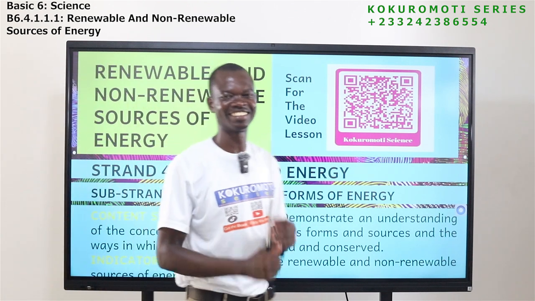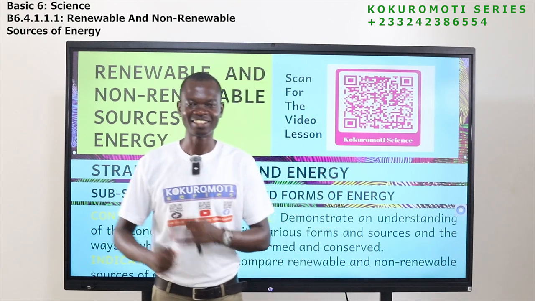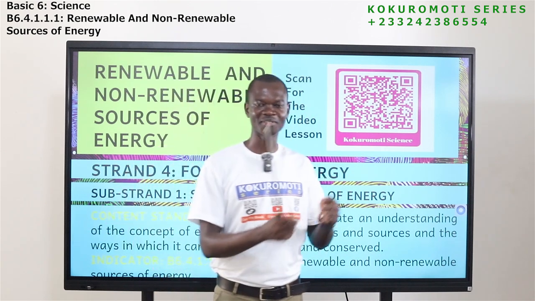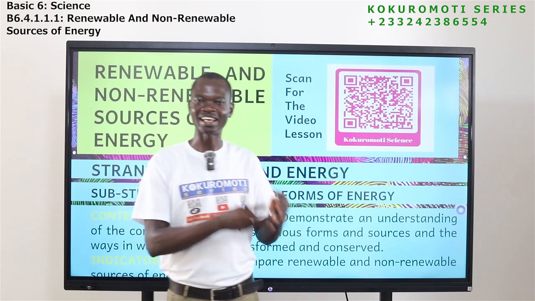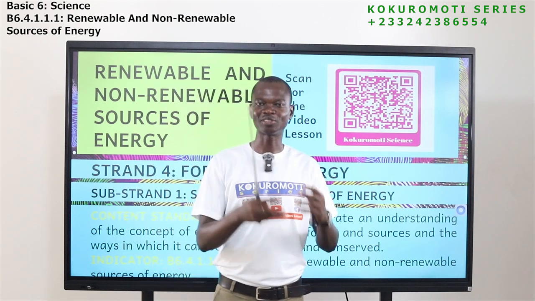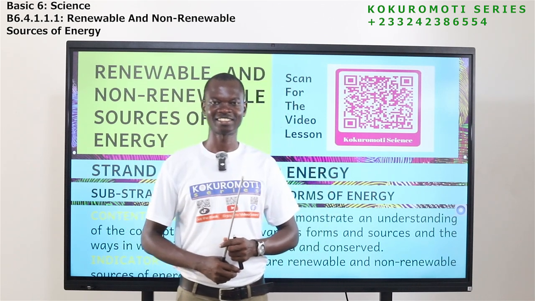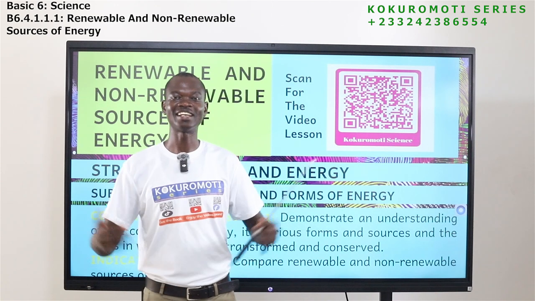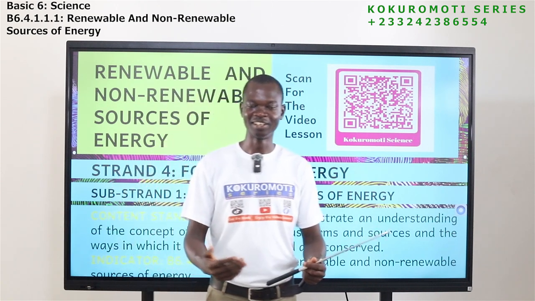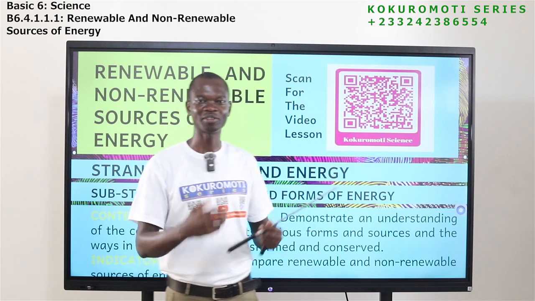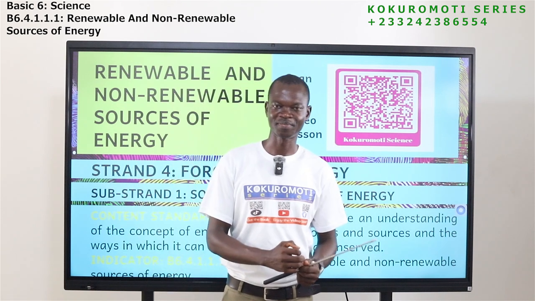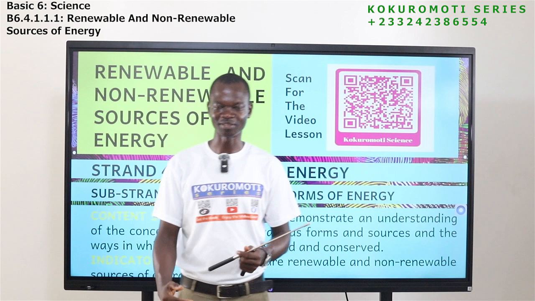So today we are going to look at energy. What is energy? We have learned about energy from basic 3, 4, 5. We have looked at what energy is. Today, we are going to look at it again. Energy is the ability to do work. We have learned about sources of energy, that is, places where we get energy from.